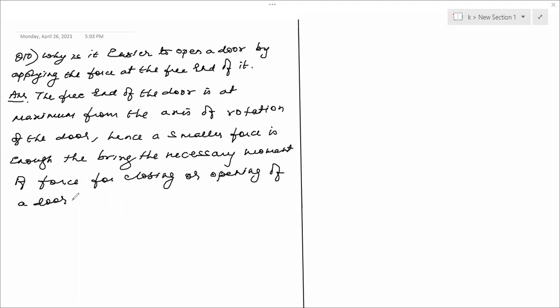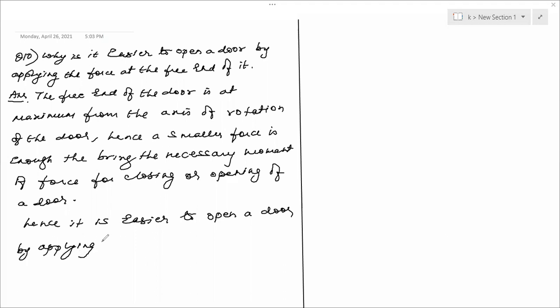Hence it is easier to open a door by applying the force at the free end of the door.